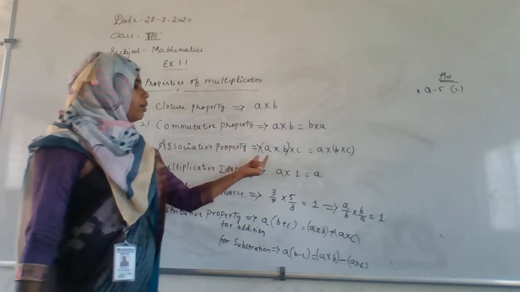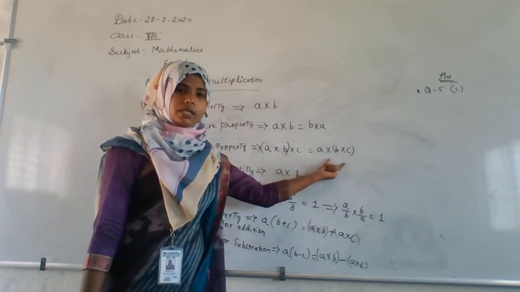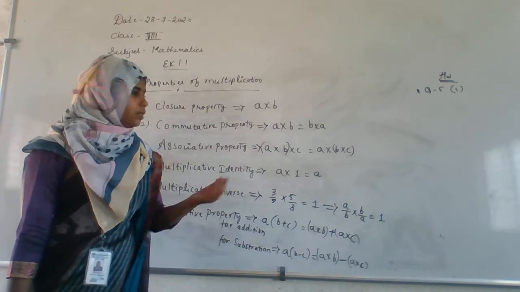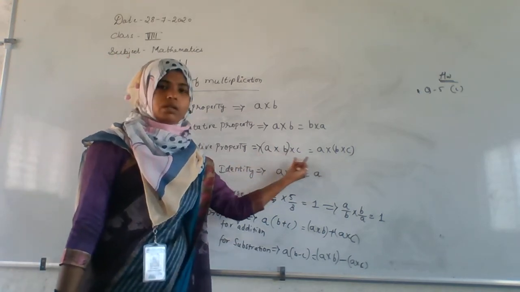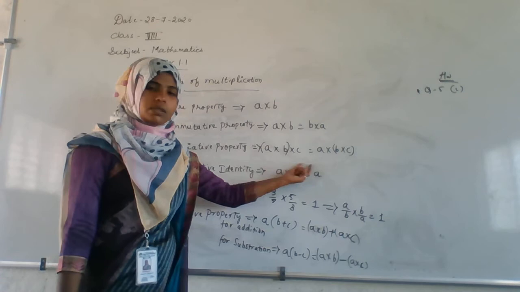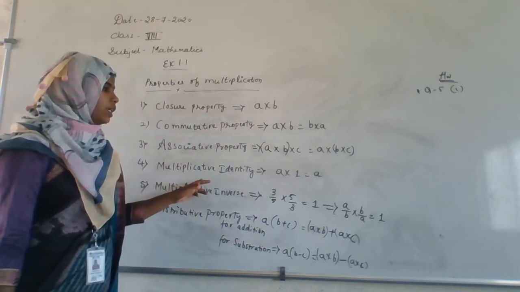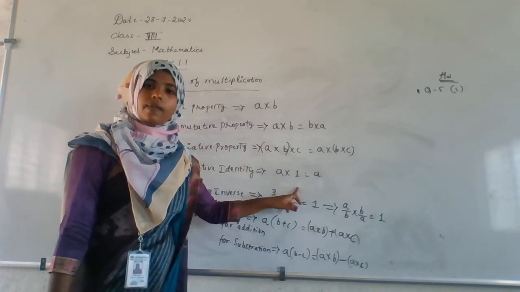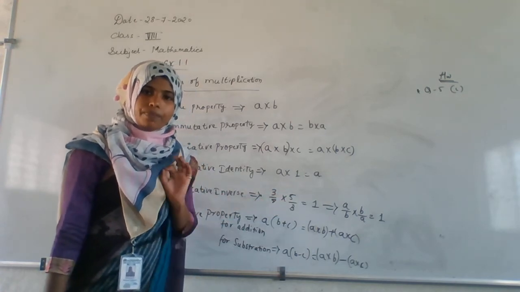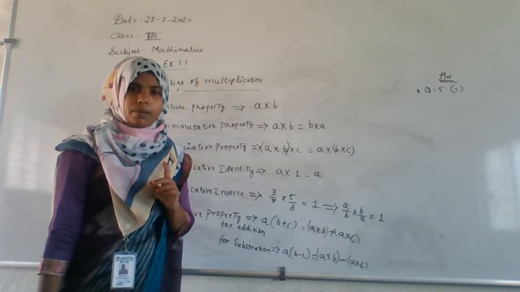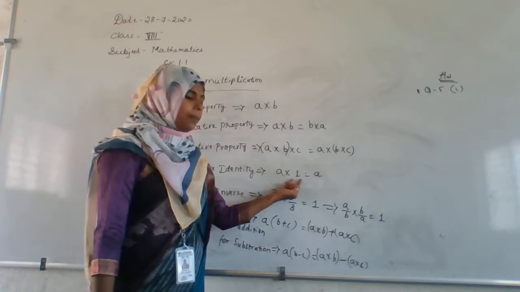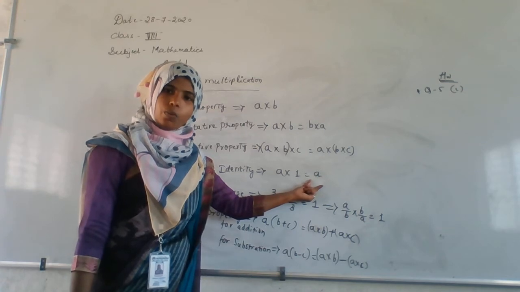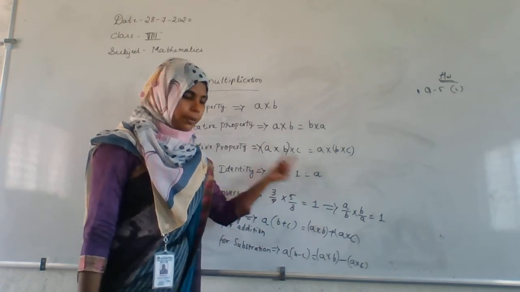Associative property: when three rational numbers are multiplied in different ways, the answer will be equal. In multiplication it is equal. And the next, multiplicative identity: whatever rational number we multiply with 1, we get the same rational number.